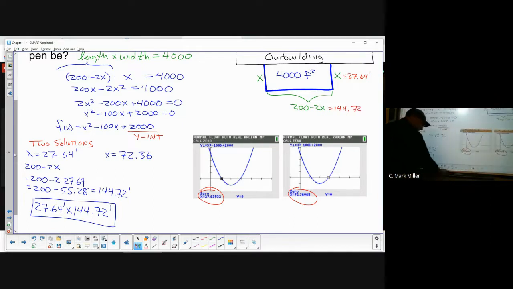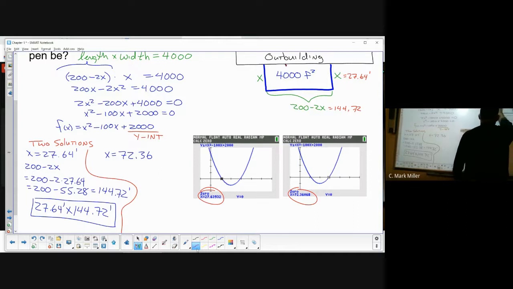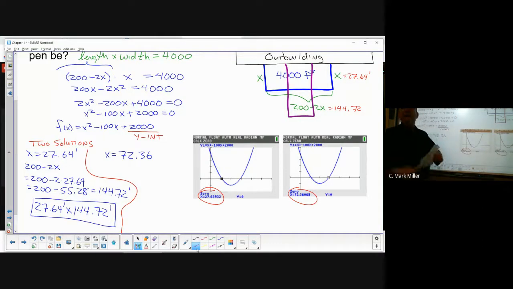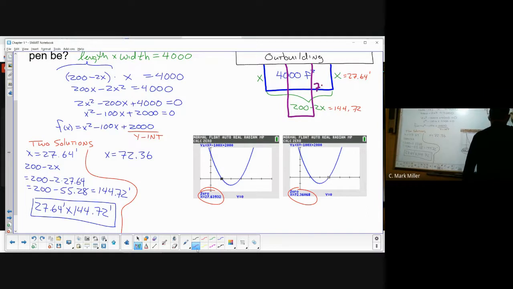But we have this other solution. What's going on there? Well, it turns out that you can have a narrow pin that comes way out. You can have a narrow pin that comes out 72.36.